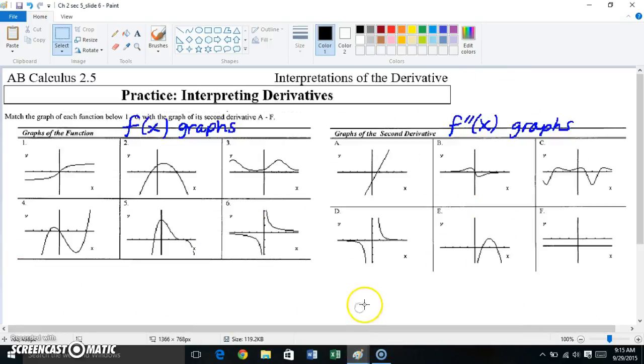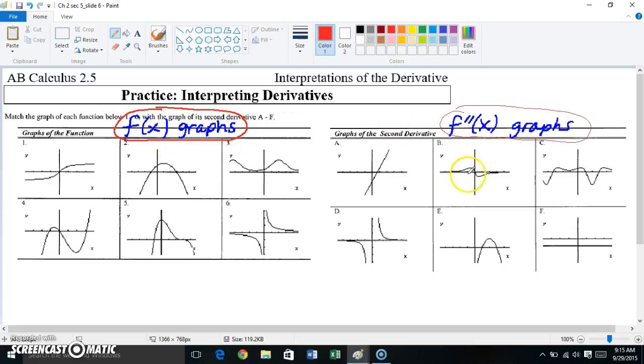I'd also like to go back to section 2.5. I don't know if you did this in your notes or not, but we were supposed to match the second derivative graph here at the right with the function graph here at the left.